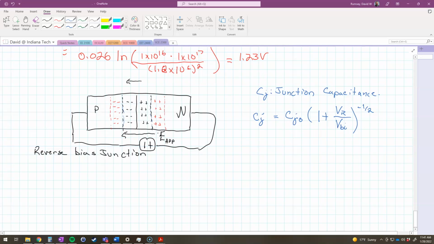So it's the square root of that. And this CJ0 is just the junction capacitance with 0 volts applied.